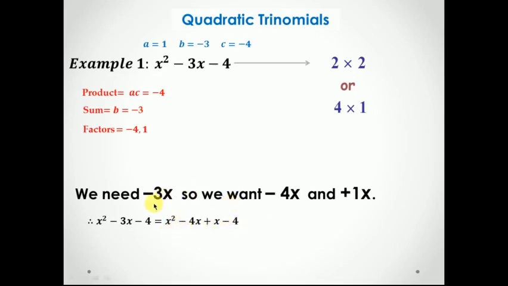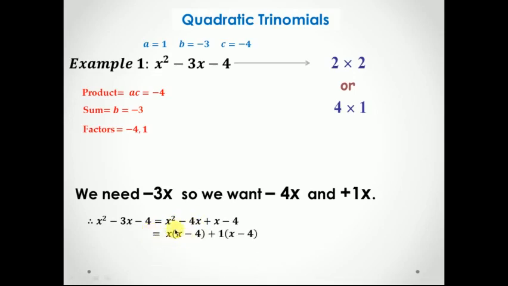and based on what we have already looked at, factorizing by grouping in pairs can be used to factorize this. Since there is no highest common factor for all four terms, we can group them in pairs. For the first pair, we realize that x is a common factor.